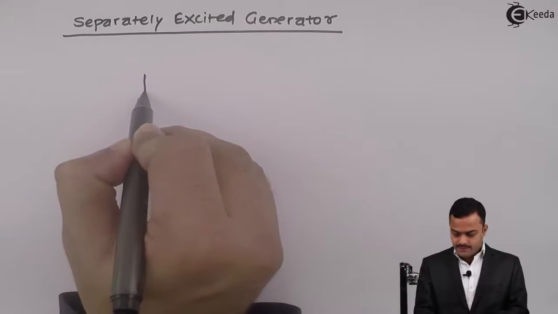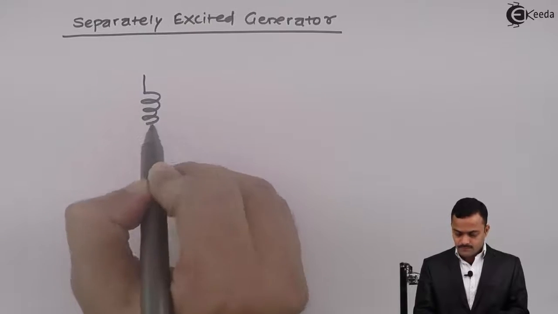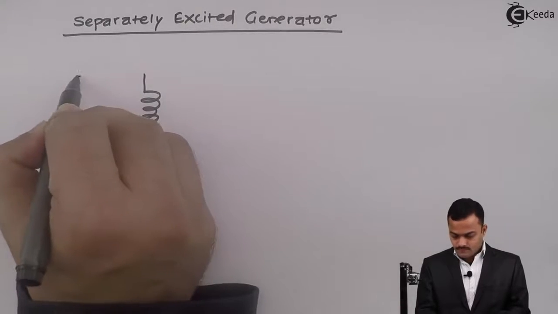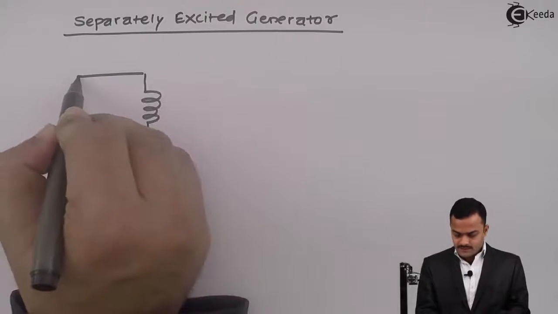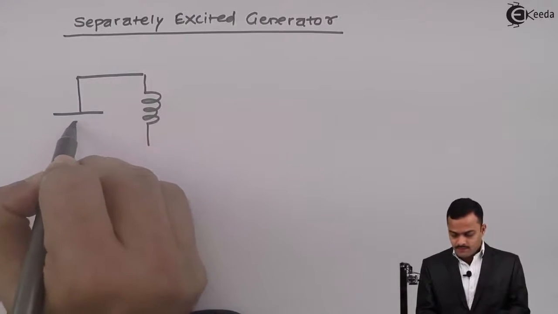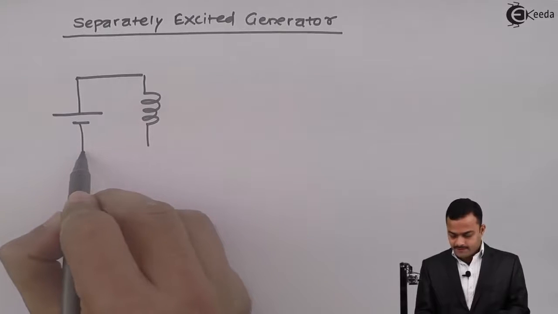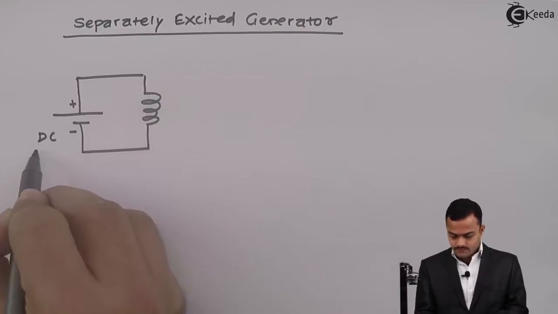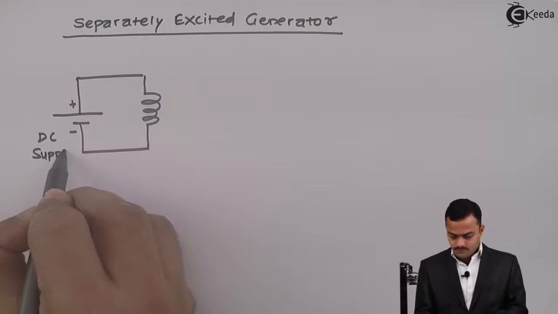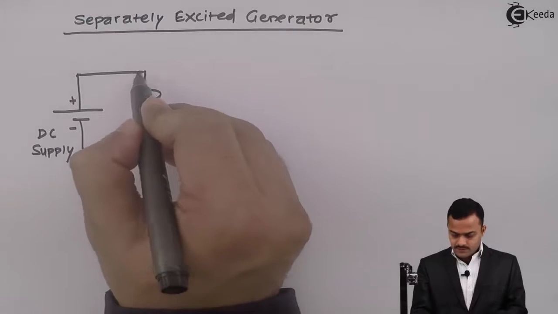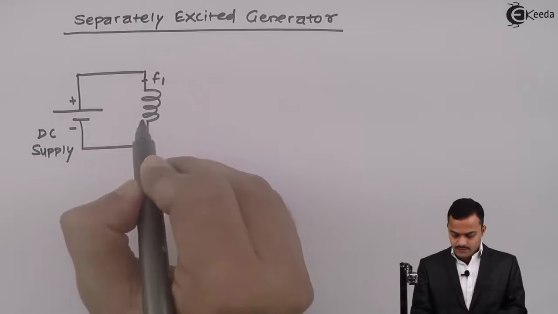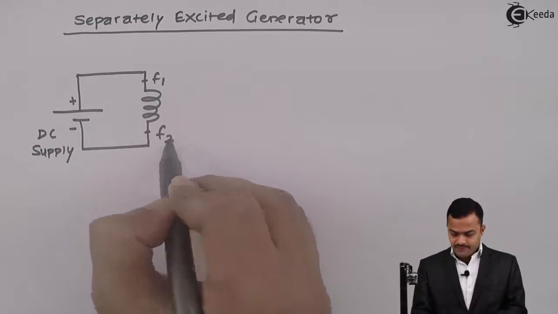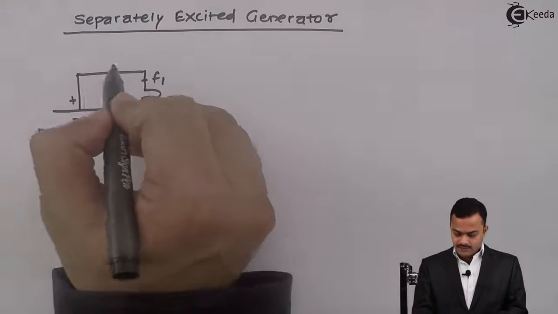We have a field winding that is excited by a DC supply. These are the terminals F1, F2. So obviously the current IF will flow.